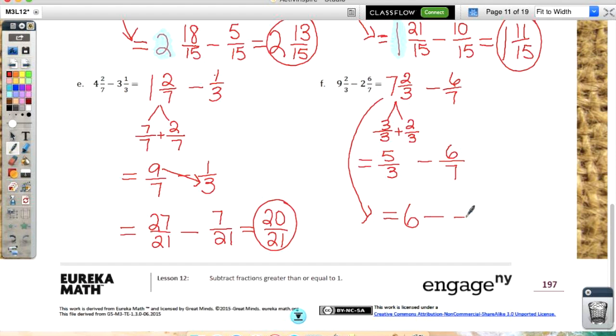Okay, what's the common denominator here for 3 and 7? Okay, help me out, table 3. 5 times 7, 35. 3 times 6, 18. So 35 minus 18.